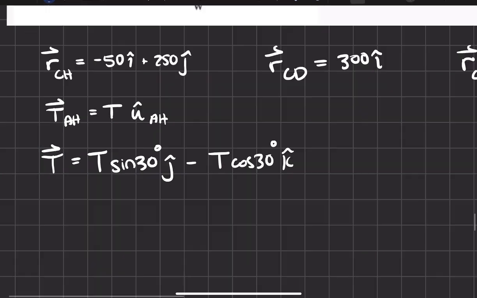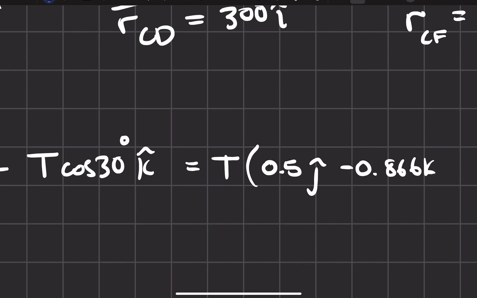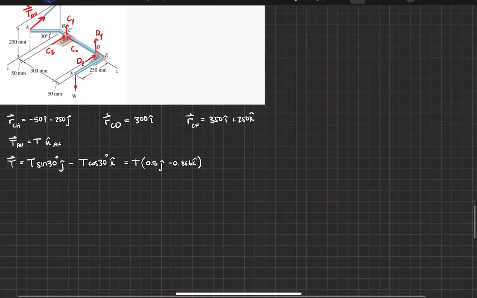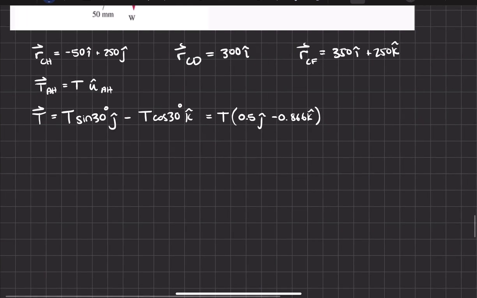To simplify that further, we just get T times 0.5j minus 0.866k. I got that by just plugging into my calculator. And so now we have all the information we need to solve this problem.